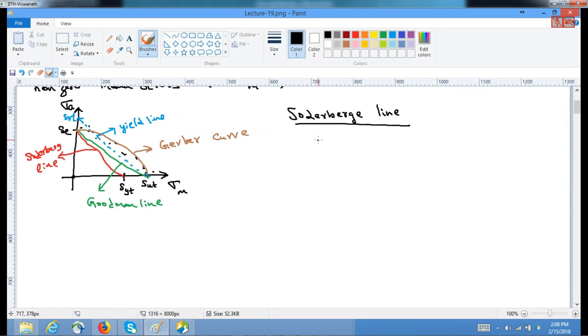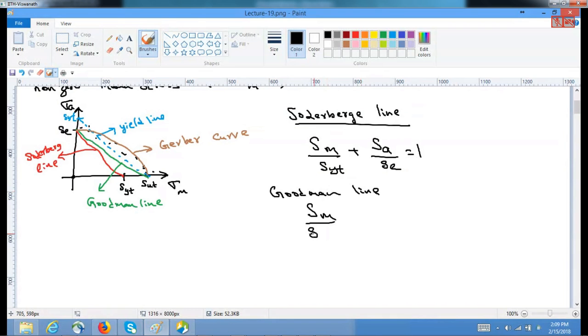The Soderberg line would be Sm by Syt plus Sa divided by Se is equal to 1, and the Goodman line is Sm by Sut plus Sa by Se is equal to 1.